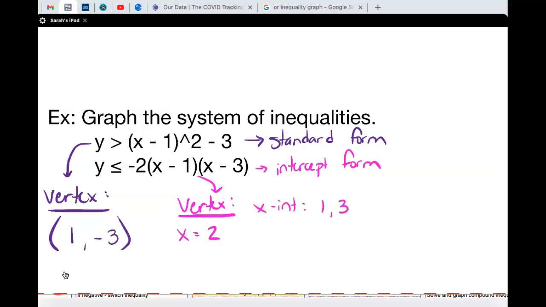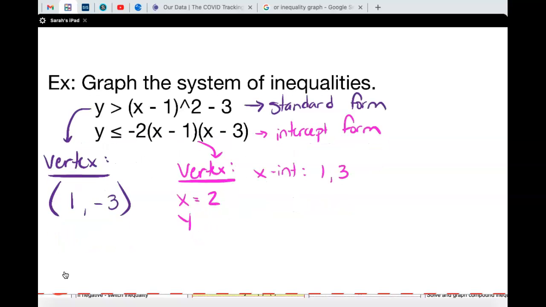And then we can use that to find the y value.